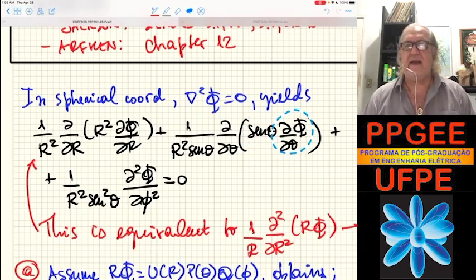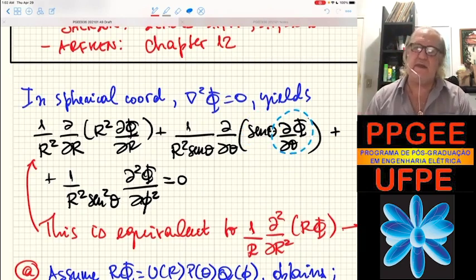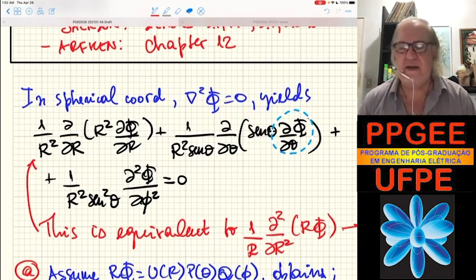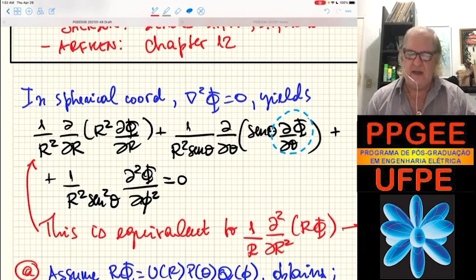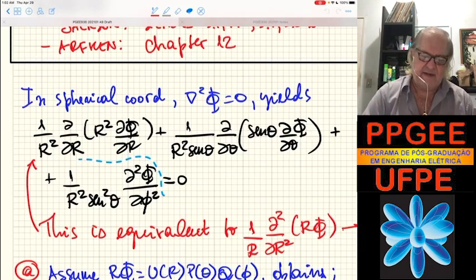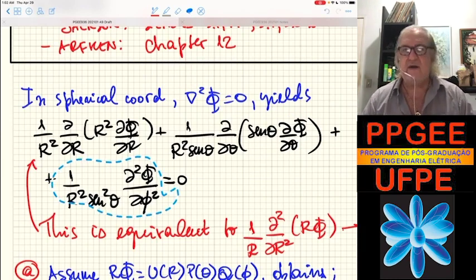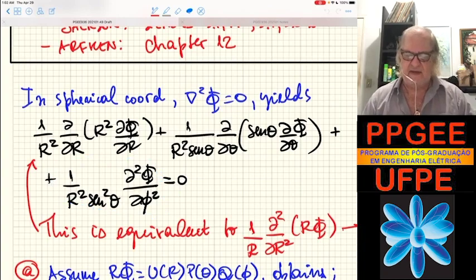And this Laplacian comes from our general form treated in the first part of the course, which was the review on vector algebra and operators. And the derivative in the azimuth angle is this type of term here.